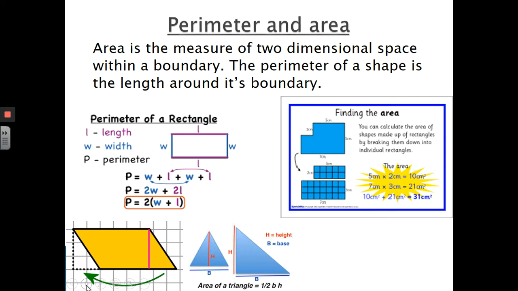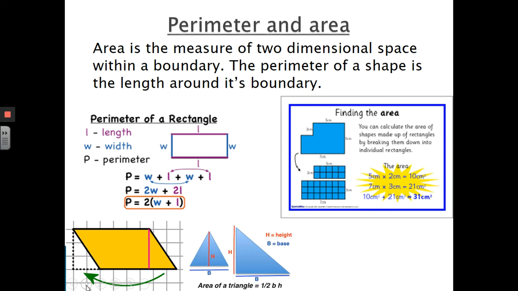With triangles, it's quite easy if you cut out a square and cut it in half, you could quite easily demonstrate why the area of a triangle is half the base times height. And the same with a parallelogram.